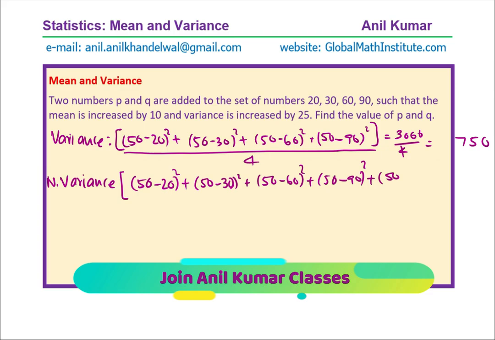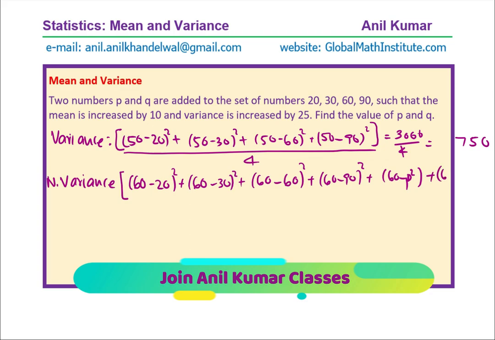So we are not going to use 50. So let me just change this. For new variance, the mean is 60, 10 more, right? So it should be 60 minus 20 whole square plus 60 minus 30 whole square plus 60 minus 60 whole square plus 60 minus 90 whole square plus 60 minus P whole square plus 60 minus Q whole square, right? Divided by 6.